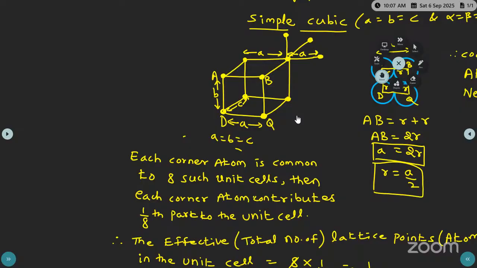Out of this 100% volume, 52% volume is occupied by one atom, right? So the remaining space, that is 48%, is free. So packing factor indicates how much percentage of volume is occupied by atoms in the unit cell.